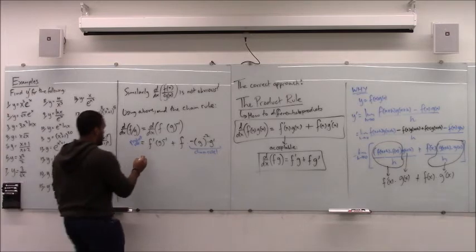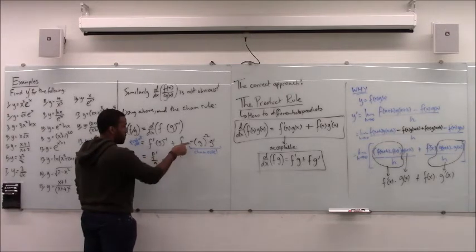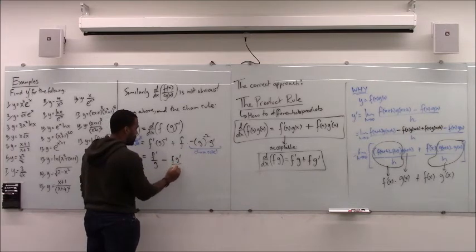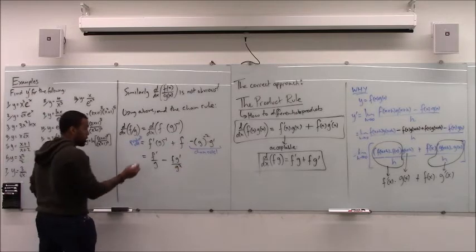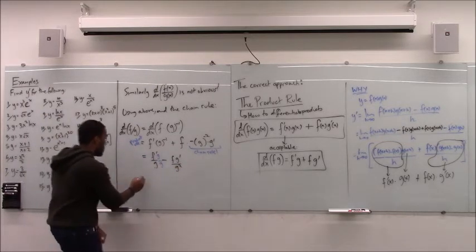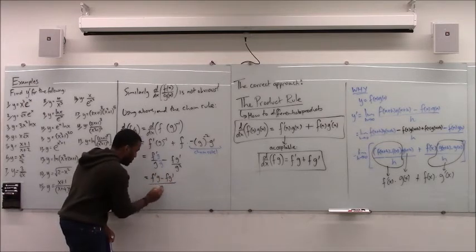And now you can simplify. So here we have f prime over g minus, here we're going to have fg prime over g squared. What we can do is create a common denominator. So we're all over g squared, and so we'd have f prime g minus fg prime all over g squared.